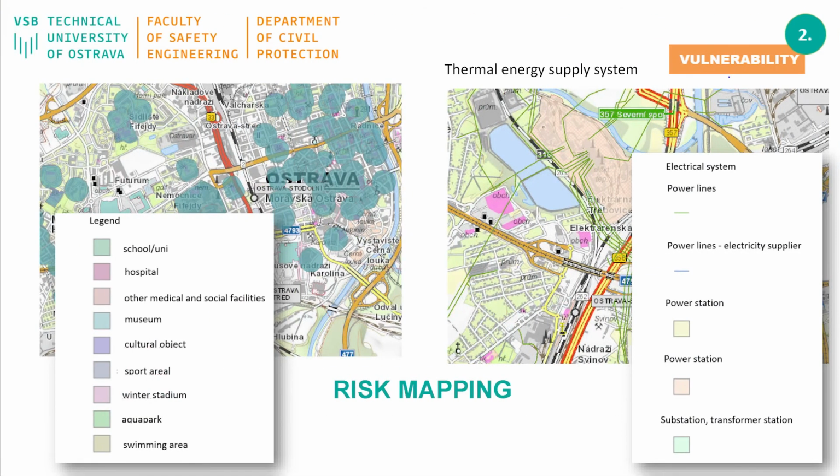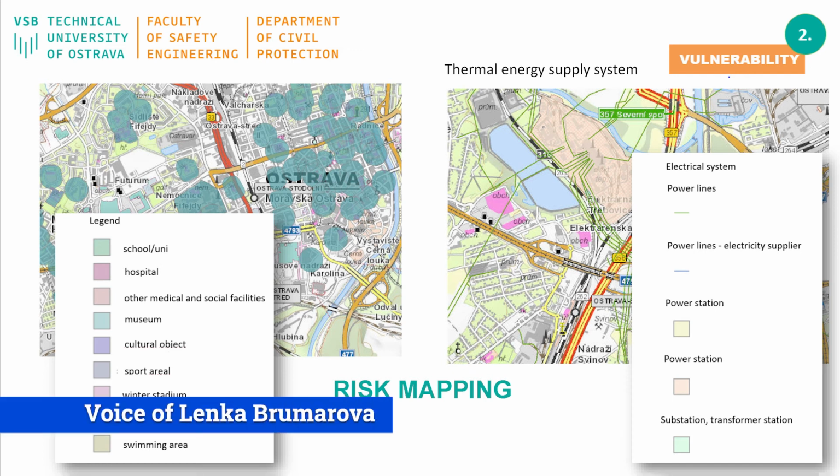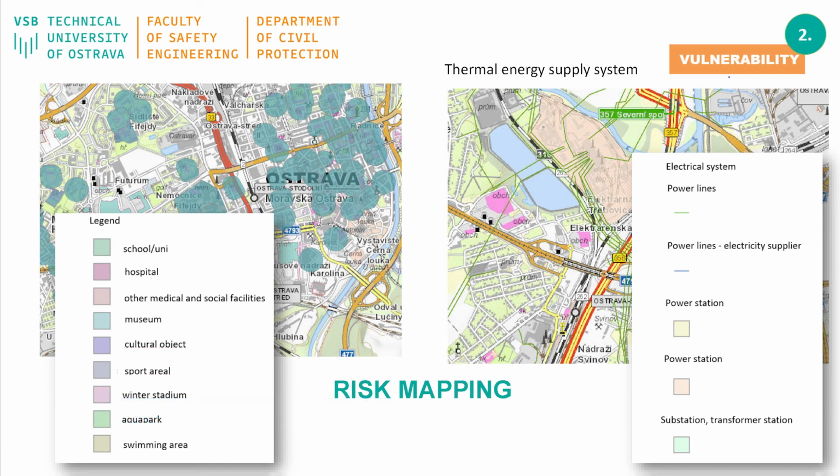When you have information together about the components, we can prepare this map. And you can see the legend. Here is the information about the vulnerability categories: school, hospital, museum, sport area, etc. And you can see in the map where the building is.